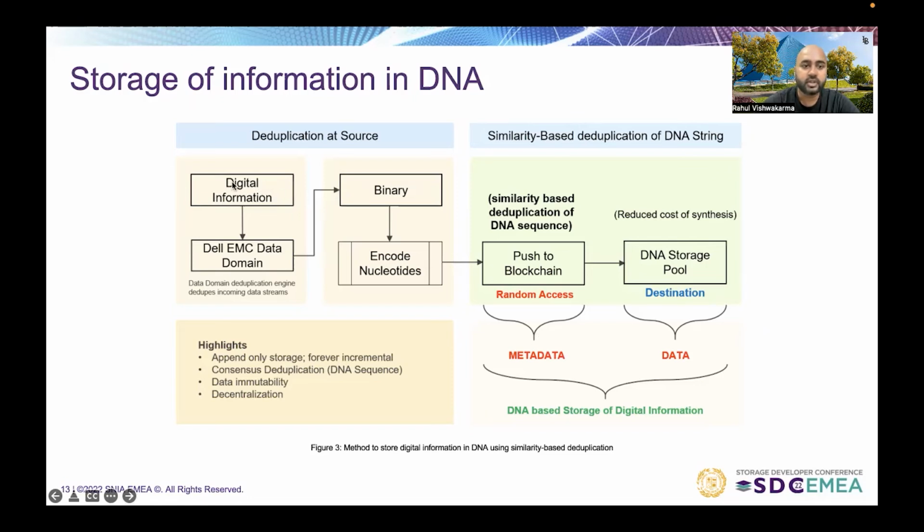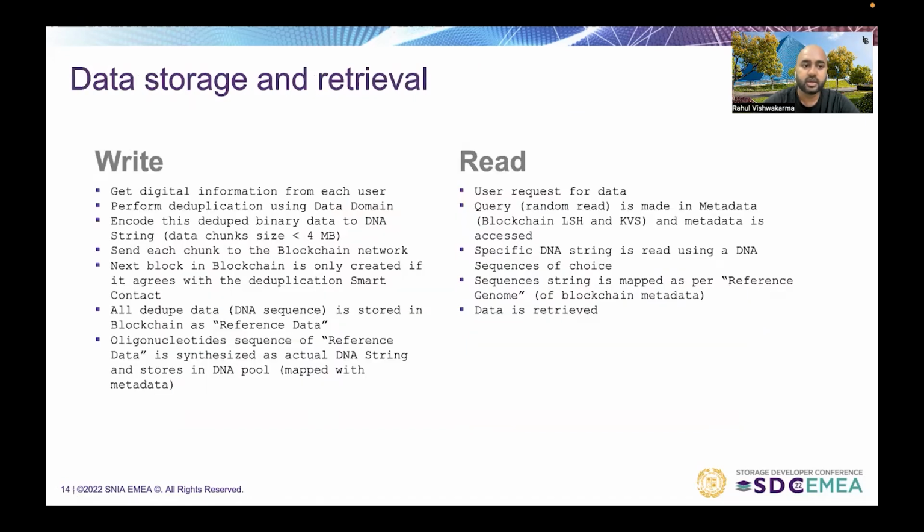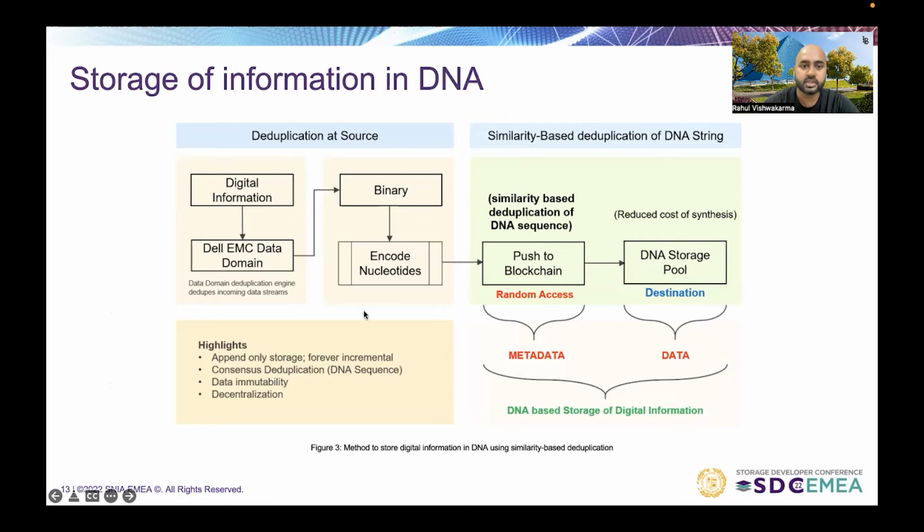The conversion of digital information to encoded nucleotides I will cover in the coming slides. Here I have just tried to summarize how exactly the read and the write will be done. So the text is just a summary of this slide.